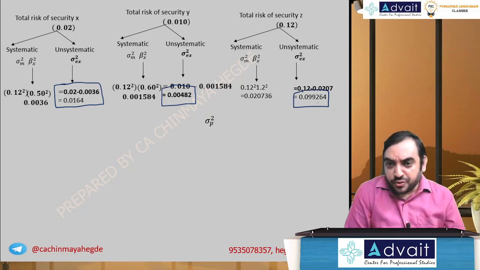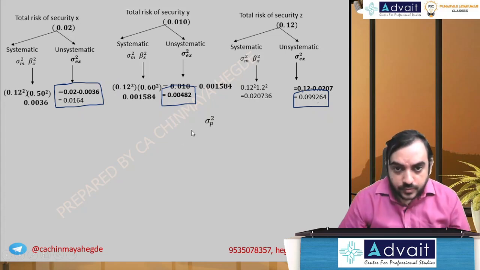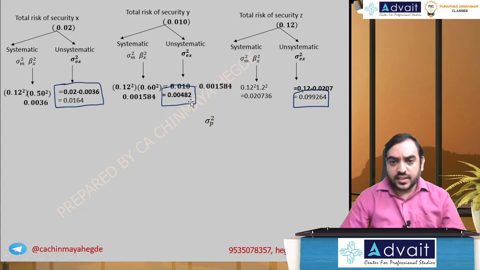Are you getting 0.05184? Is it so? Let me calculate. 0.12 into 0.12 into 0.6 into 0.6. Isn't it 0.00... oh, 5184. Not 5184, is it? But is the balancing figure correct?